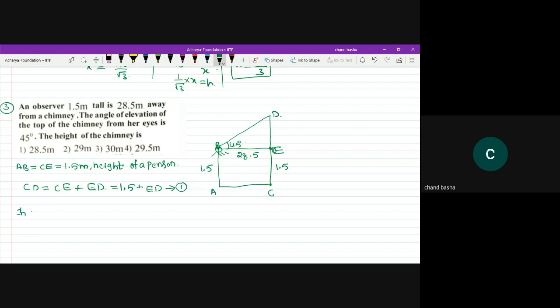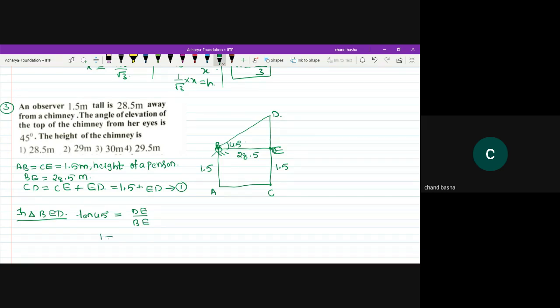In triangle BED, BE is already given as 28.5 meters away from the chimney, 28.5 meters. In triangle BED, tan 45, because I am going to use the adjacent side, tan 45 is equal to, we require the DE value, so DE upon BE.